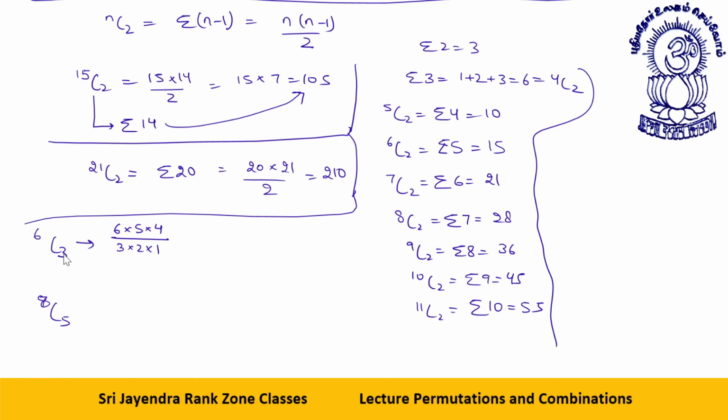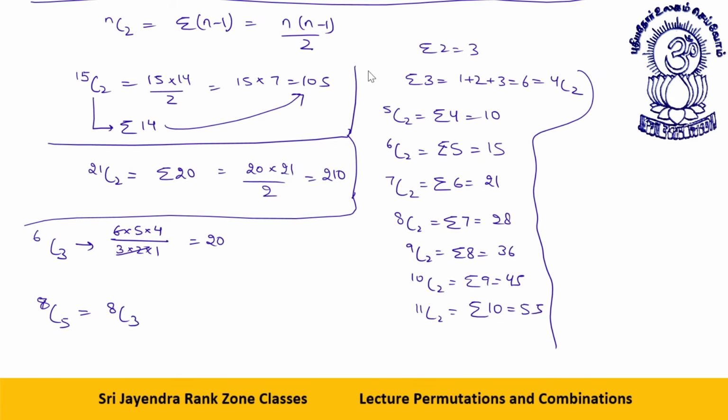From here 3 numbers in descending order, from here also 3 numbers in descending order. 8C5 is equal to 8C3.